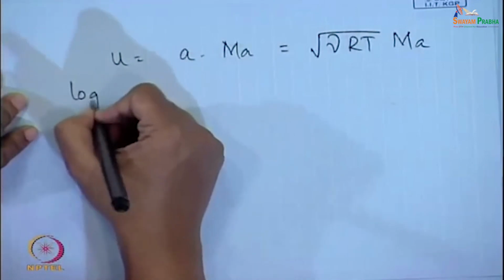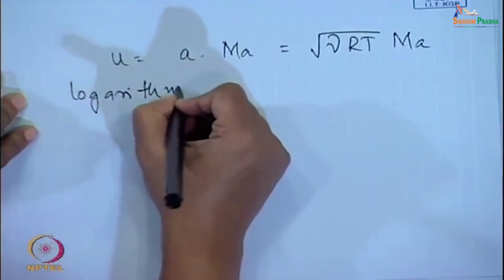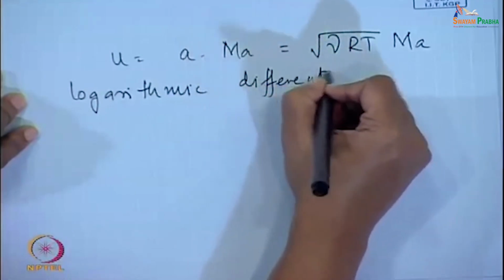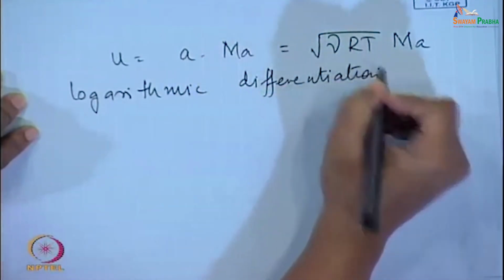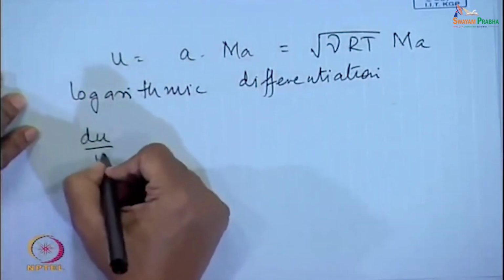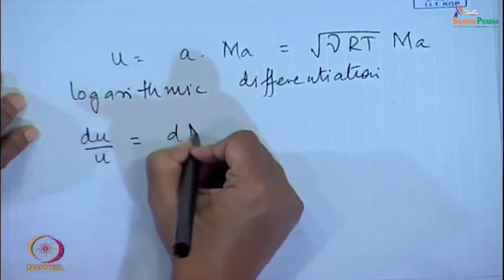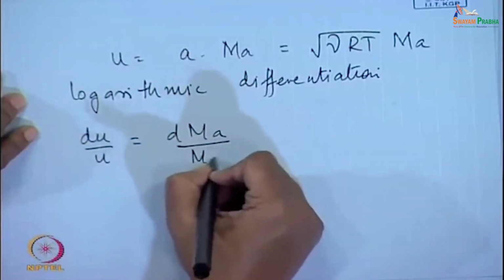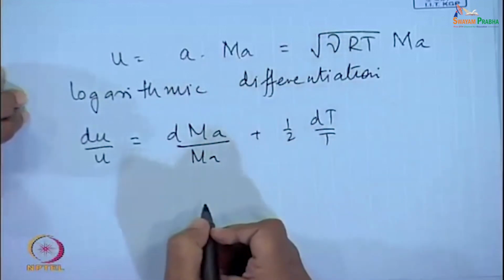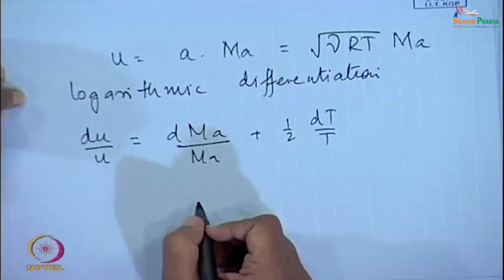differentiation. So, by performing this logarithmic differentiation, what do we get? We get du by u equals dMa by Ma plus half dT by T, isn't it?